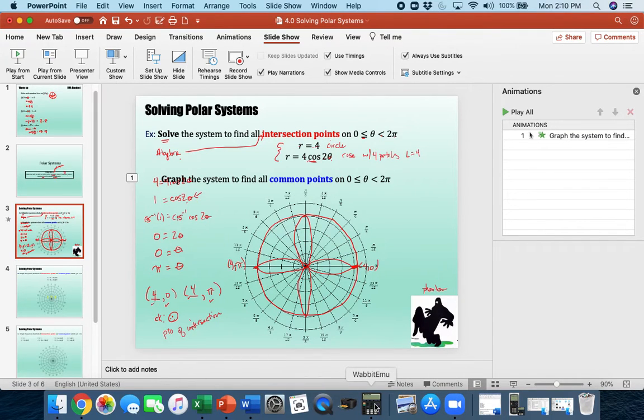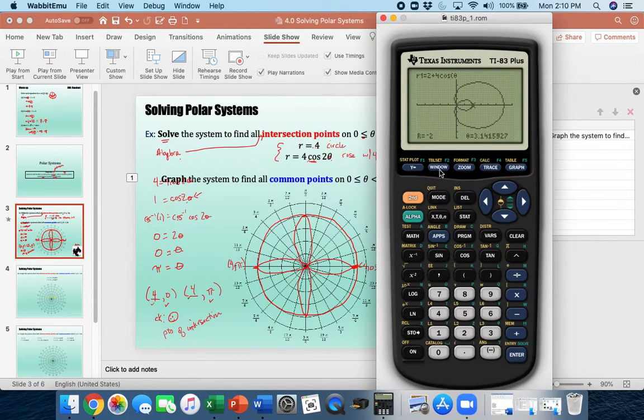So, in your calculator, remember the previous day, I told you to change your mode not only to polar but to simultaneous. Then in y equals, I want you to put 4, the circle.